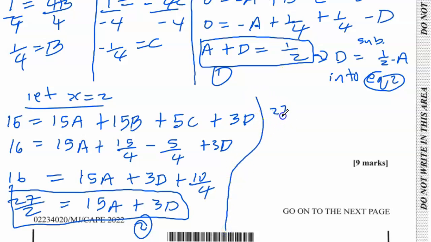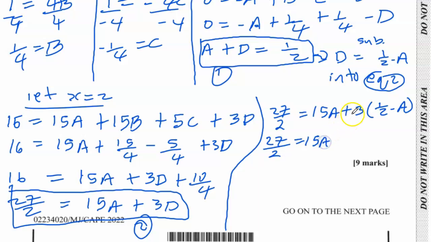So we end up with 27 over 2 equals 15a plus 3d. But remember d, we're going to replace d with half minus a. So we end up with 27 over 2 equals 15a. Distribute the 3 now, so we get 3 halves minus 3a.